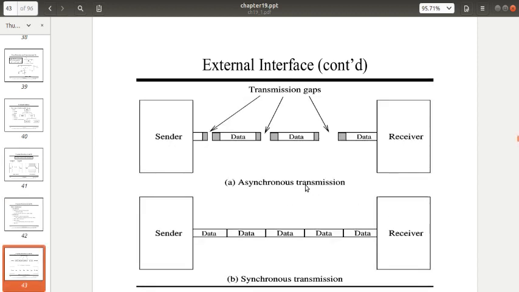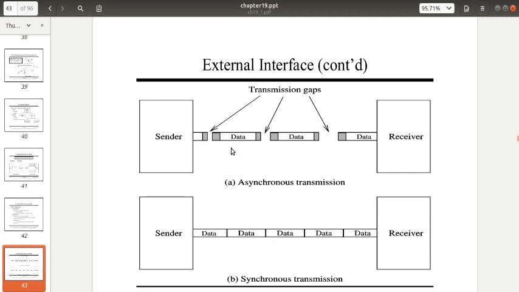This is how synchronous and asynchronous data transmission can be visualized. In synchronous transmission, data streams are just sent. There will be a stop bit and a start bit. You can just send words or packets of data as such, because both the sender and receiver clocks are in sync.